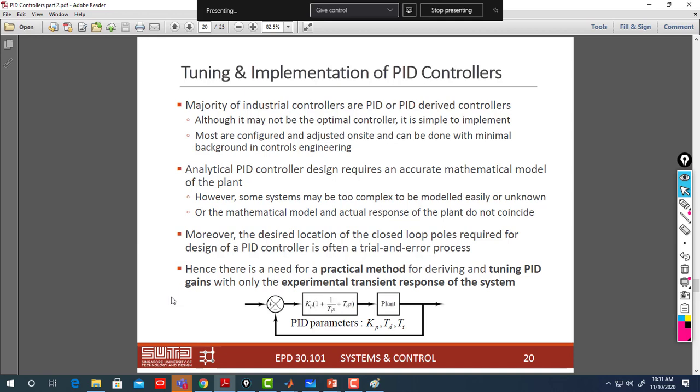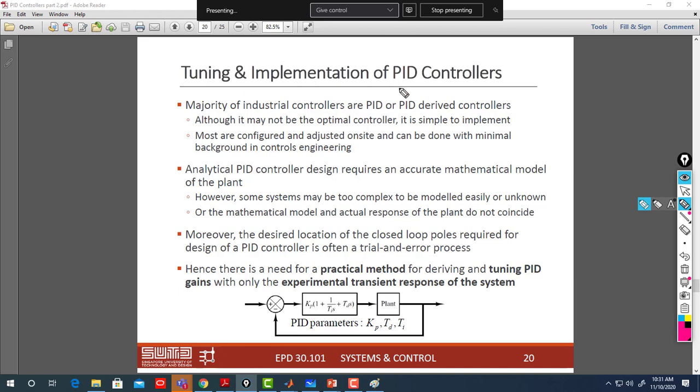So now in the remaining 15 minutes, we'll talk about tuning, which is a very important topic in control theory. It's the experimental determination of the parameters P, I, and D: how to experimentally determine the PID parameters. The majority of industrial controllers are PID or PID derived controllers.